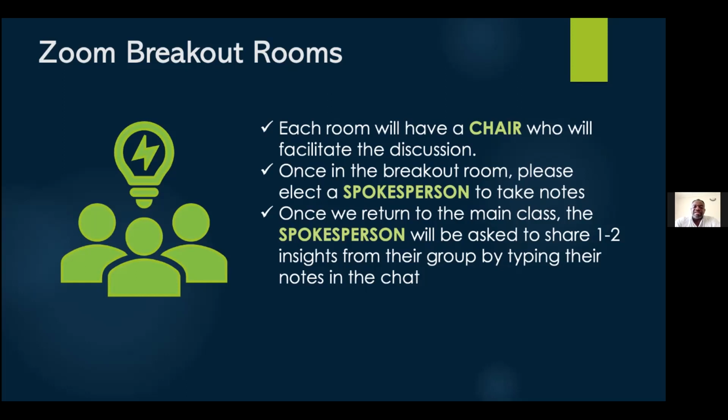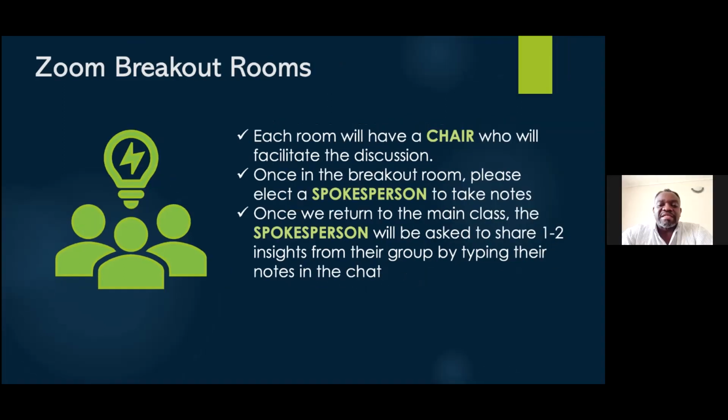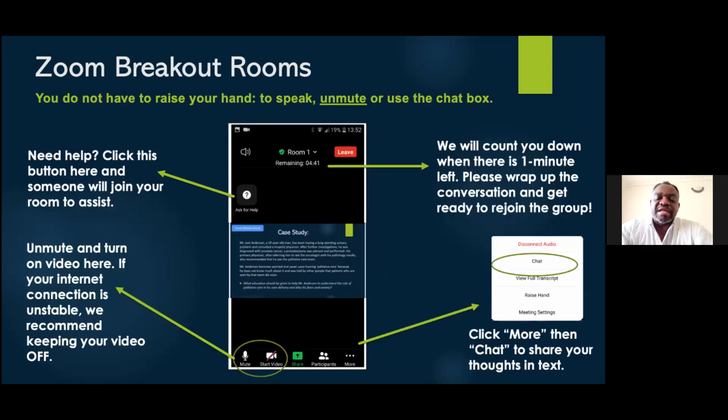Let it be spontaneous; someone can just volunteer. Once we return to the main class, the spokesperson will give the summary of the discussion from each group, and there will be a whiteboard provided by Sarah, so that we'll be able to learn what the others discussed in their different groups, and then we'll end our class from there.